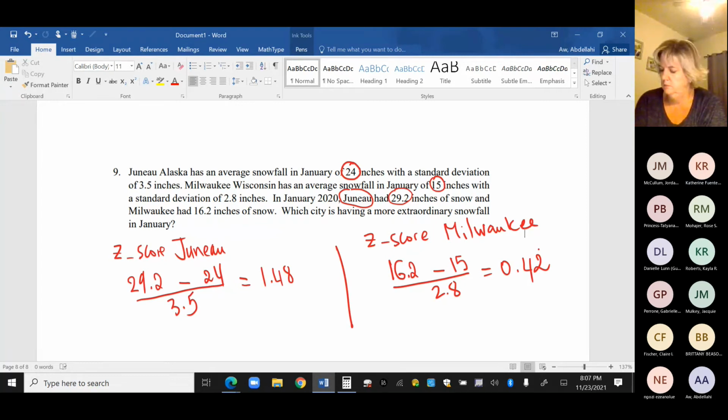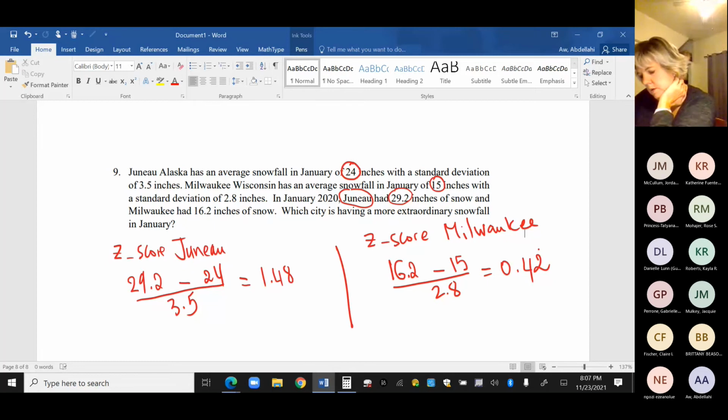But the conclusion doesn't come from that. The conclusion doesn't come from 29.2 being bigger than 16.2. 29.2 inches is more than 16.2 inches. We agree on that. But the conclusion doesn't come from that.